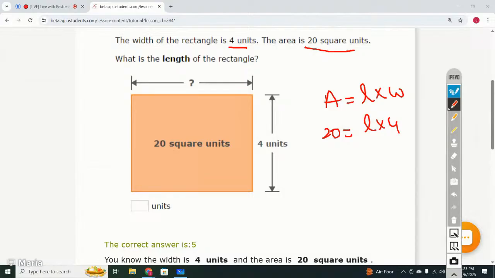So we have to divide both sides by 4 because we are going to calculate the length and we need to cancel out 4 from this side. 4 and 4 cancel out because 4 times 1 is 4. And now you need to count a table of 4 until 20. So 4 times what number is 20?